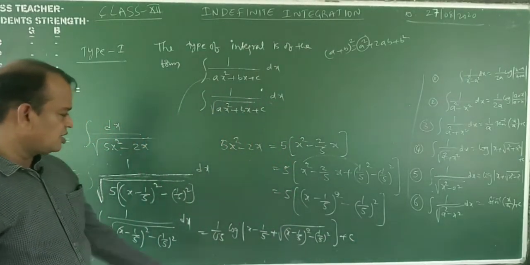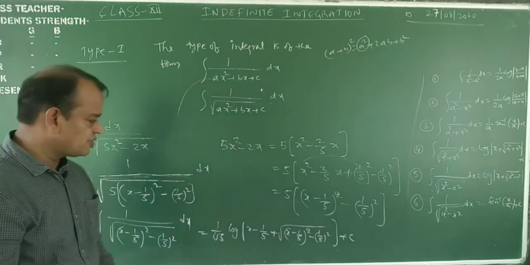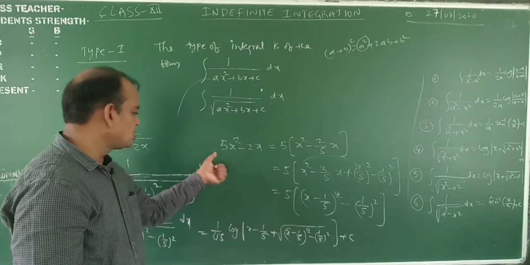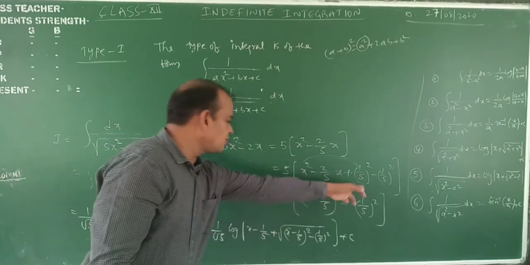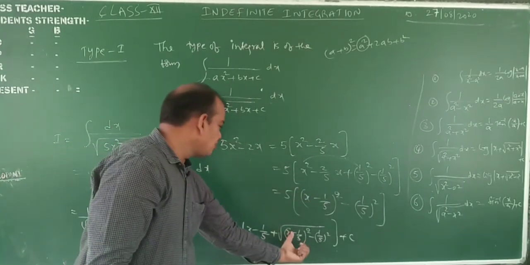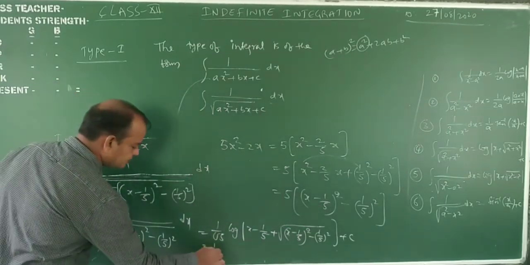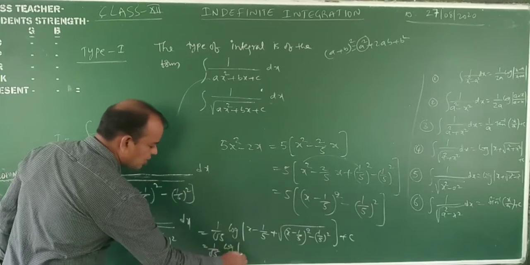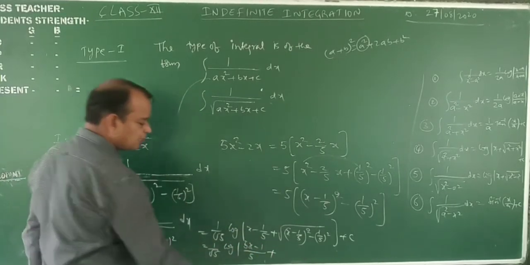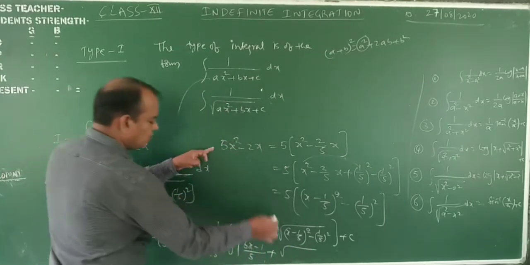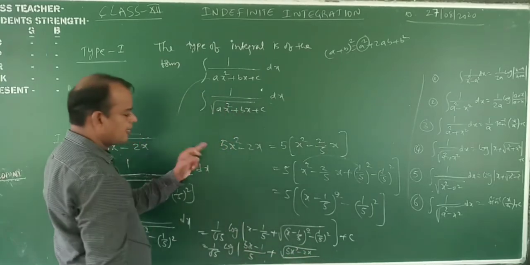Okay, what about this? Observe that x minus 1 by 5 whole square minus 1 by 5 whole square. From this one, don't calculate it. For suppose this is 5 on this side, 5x square minus 2x by 5. Here we will take the root. That is equal to 1 by root 5 log mod 5x minus 1 by 5 plus root over the total value 5x square minus 2x by 5.